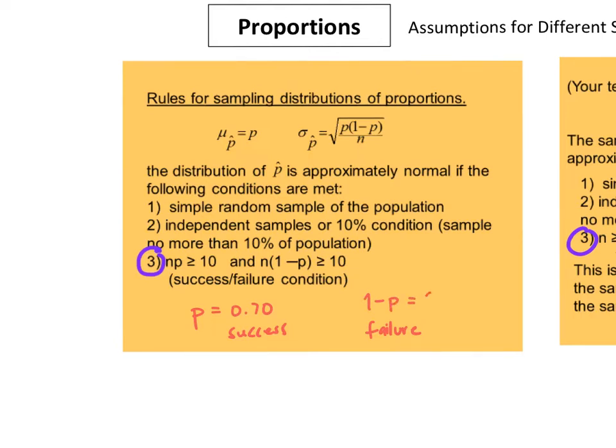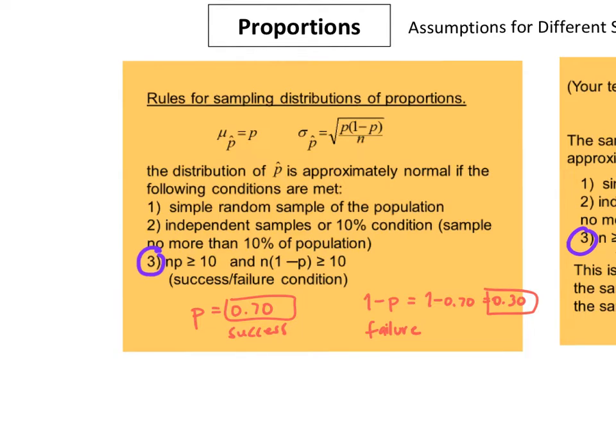It would be 1 minus 0.70, which is 0.30. So I have my failure percentage and my success percentage, and I'm multiplying these two percentages times the sample size that I got. So I'm going to do n times p and n times 1 minus p to check if those two values are greater than or equal to 10. Okay.